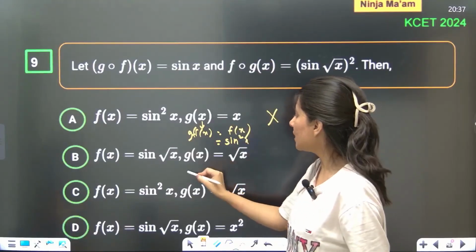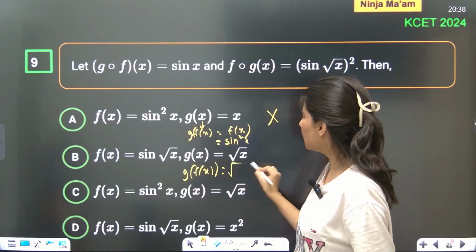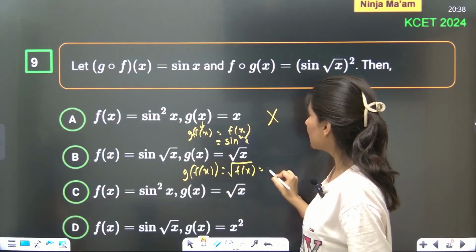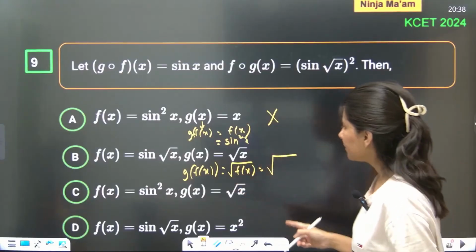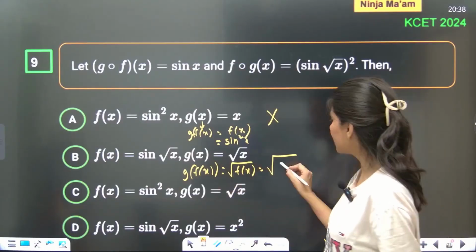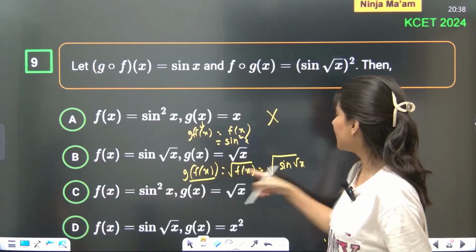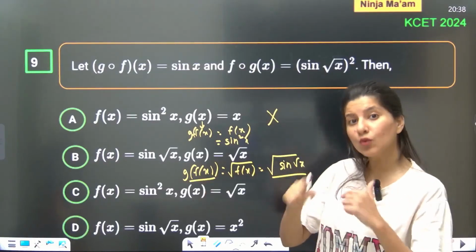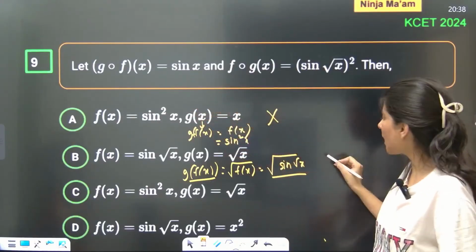Similarly, over here, g of f of x is equal to root f of x, the square root of, what is fx? Fx is nothing but from here sine root x. So obviously gof x is coming out as root sine root x, which is very obvious that this is not coming out as sine x.